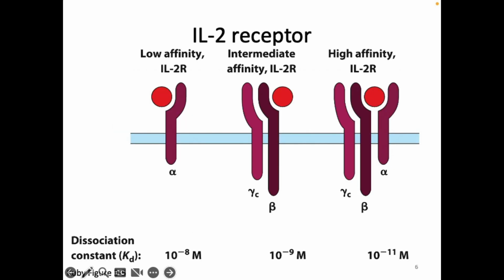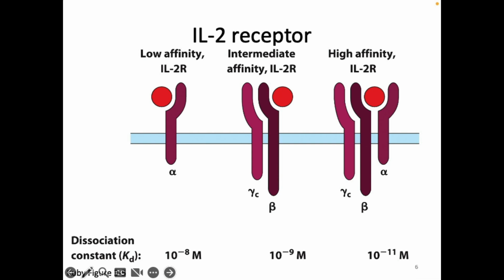And so here you can see that IL-2 receptor in more detail, including the common gamma chain as well as the other 2 chains. And what I want you to notice here is that when the cell has the gamma chain as well as beta, it can bind IL-2. It has sort of this intermediate affinity for IL-2, so it can bind IL-2 okay.